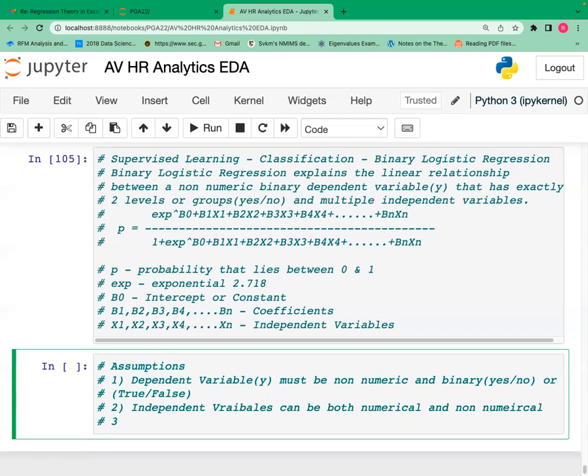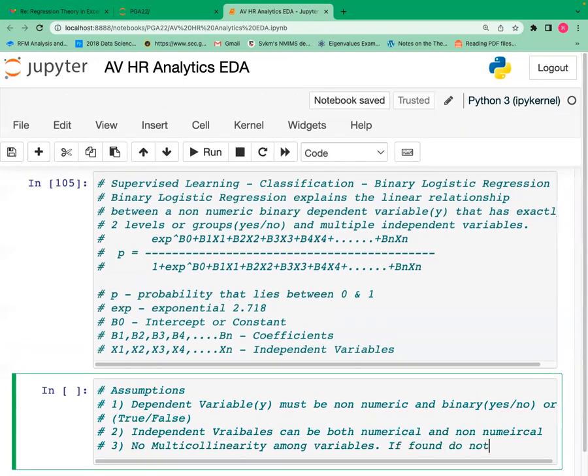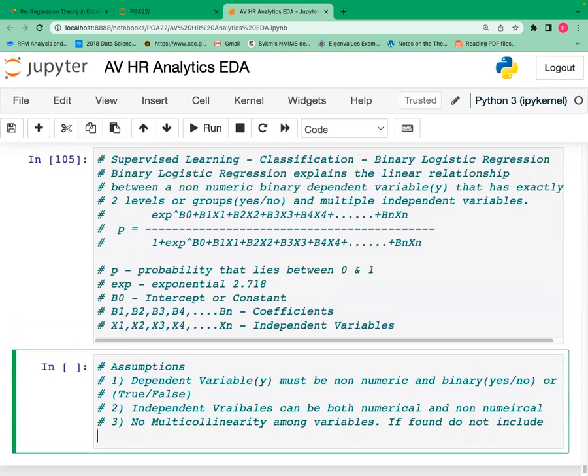Third, no multicollinearity. There should not be multicollinearity among variables. If found, do not include both; choose one among them.